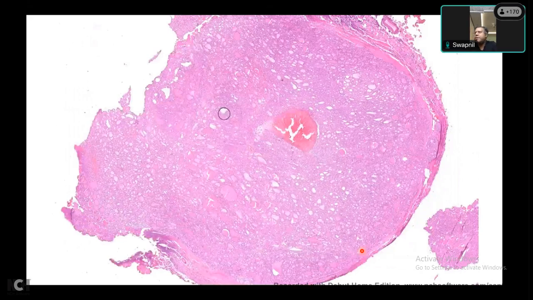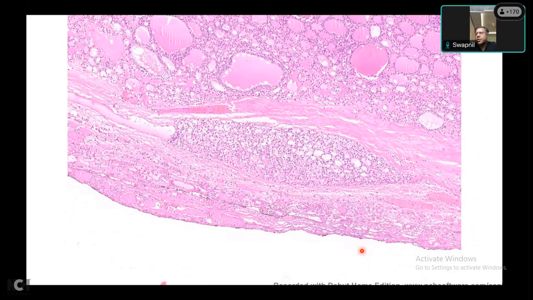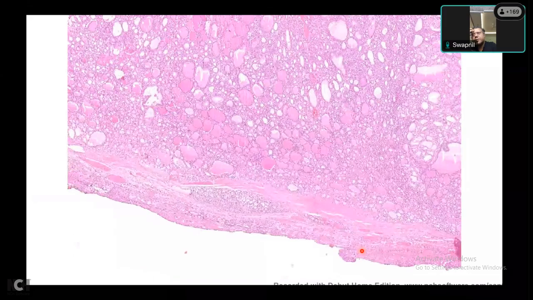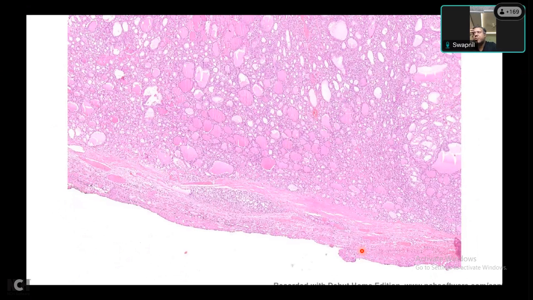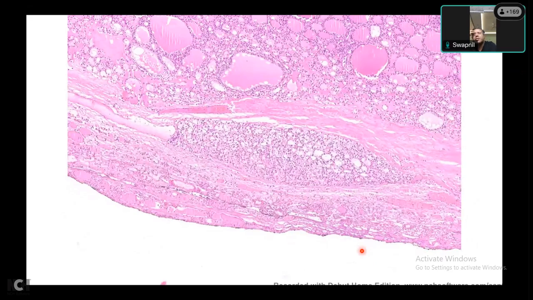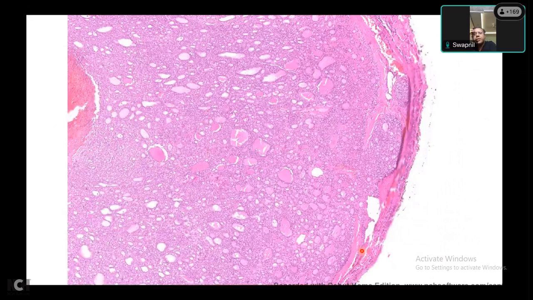So one thing before you go ahead that I'd like to point out is to look at the cellularity of the lesion. If you compare it to the cellularity of the previous case, there is a dramatic difference. The presence of this kind of cellularity and very closely packed small colloidless follicles at times should point you towards this not being simply a non-neoplastic lesion. It is likely to be a neoplastic lesion.